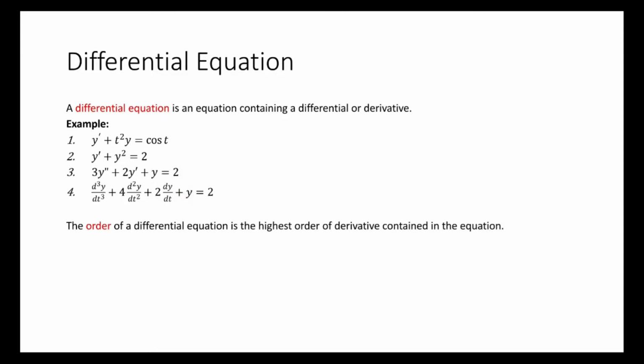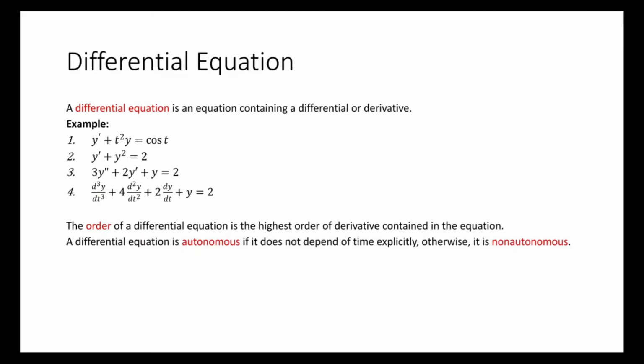As in difference equations, we also have the notion of order. Order is the highest order of derivative contained in the equation. So for example, the highest orders of derivative are 1, 1, 2, and 3 for those 4 examples.